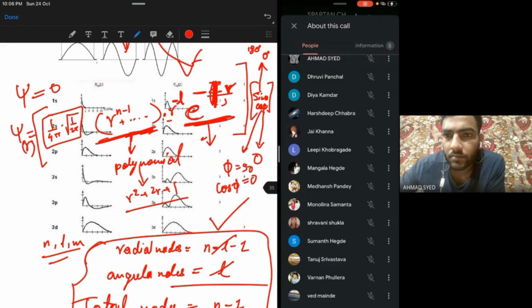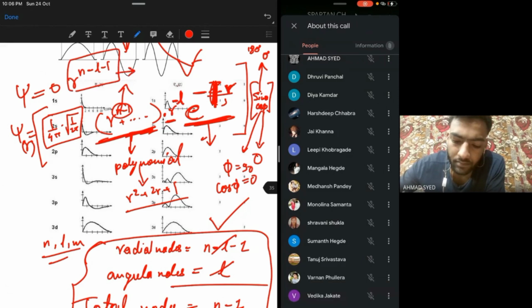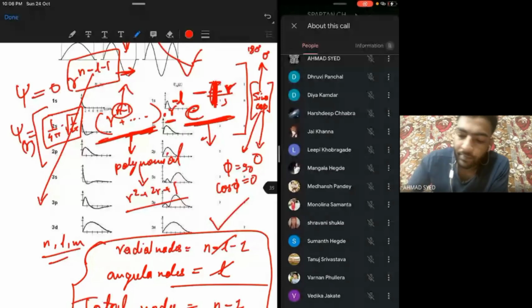Actually, the polynomial which you have here is r power n minus l minus 1. This is the maximum value of the exponent. So we know that in any polynomial, the maximum number of roots is the maximum power of the polynomial, right?